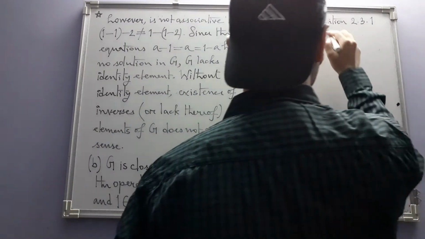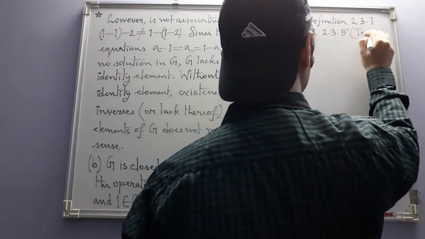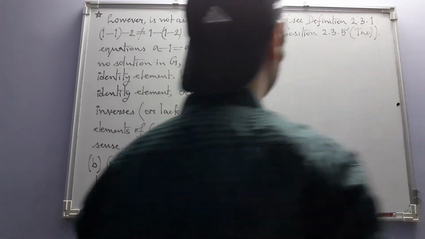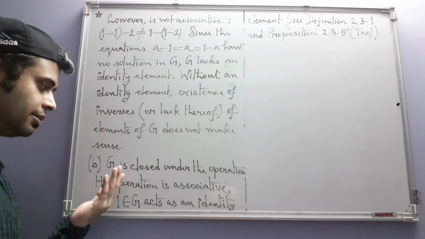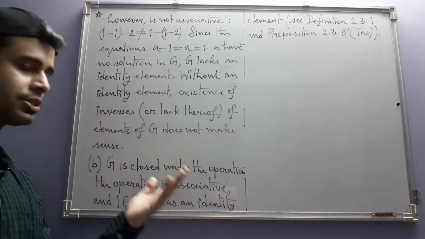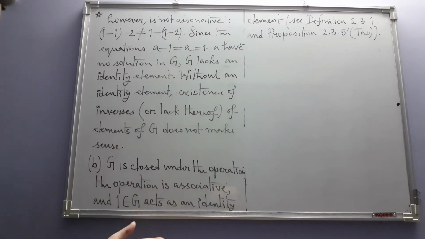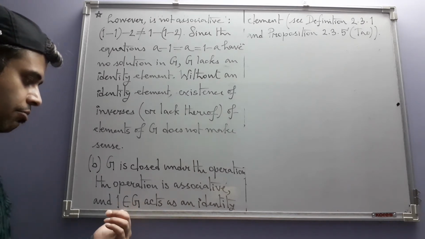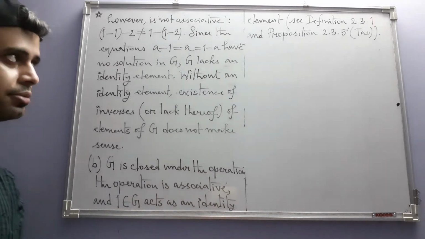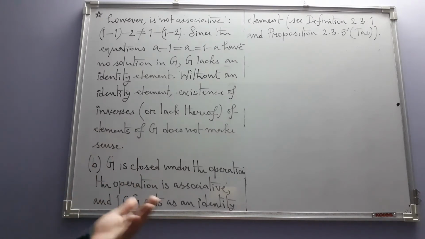And proposition 235 from Gauss analysis 1. There you will actually see the proof that if you multiply two positive integers, then the result is again a positive integer. Multiplication of positive integers is associative, and 1 acts as an identity element, because 1 times any positive integer, or any positive integer times 1 is that positive integer itself.